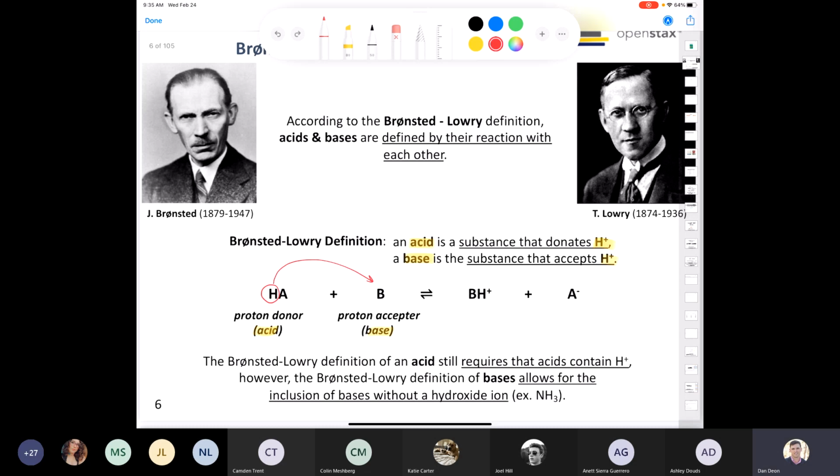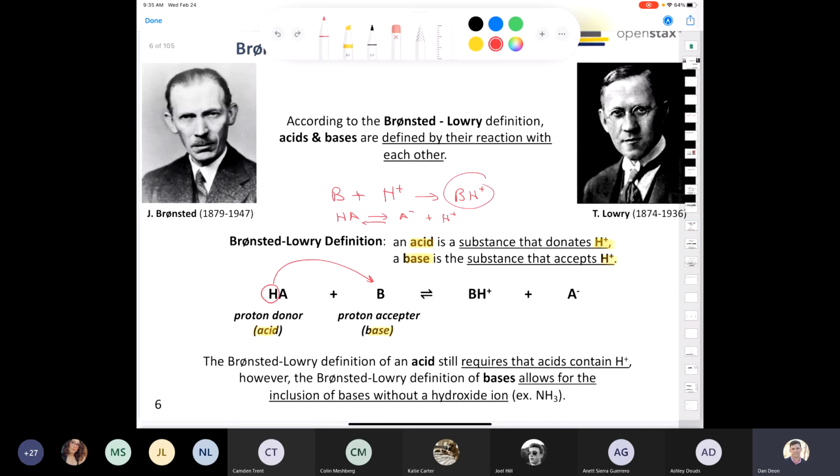Because you're donating a proton, which is H+. If you're starting with B and you're adding H+ to it, you're going to get BH+, right? You're going to end up with something that's got a charge. And if you have HA, and it's losing H+, well, A- plus H+ would give you HA, right? And so you're left over with A-.